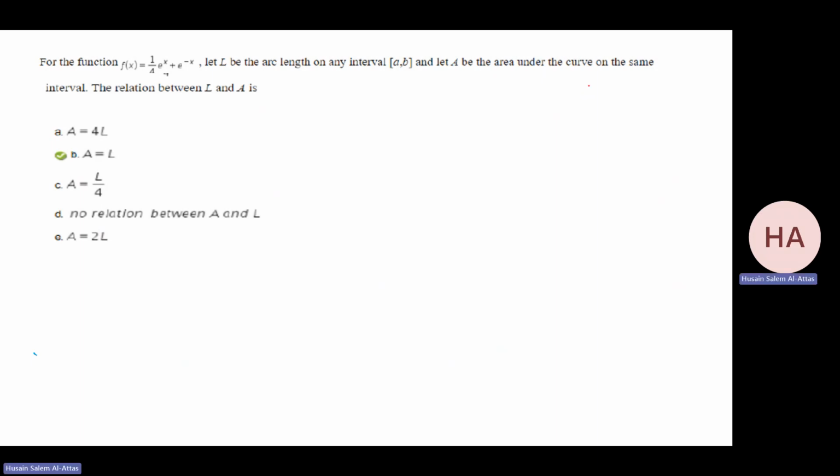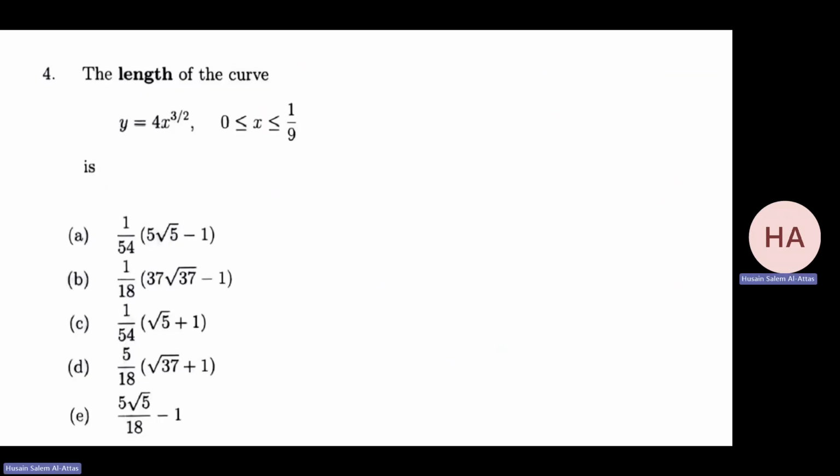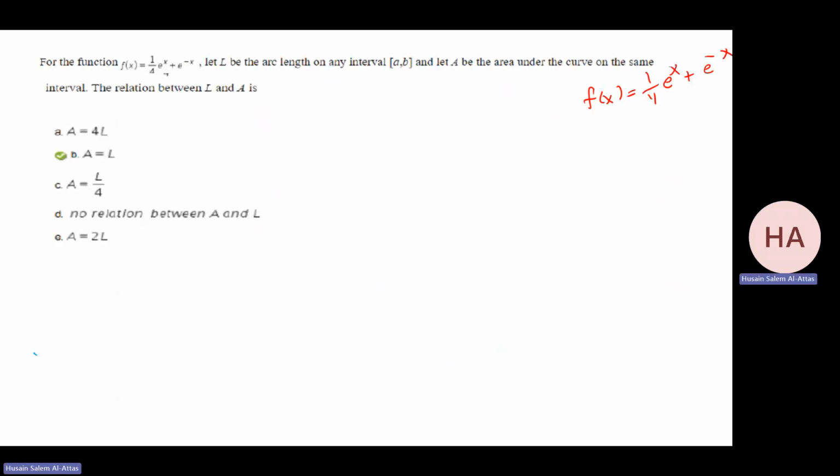So I have f of x equals 1 over 4 times e to the x plus e to the minus x. Is it? Yeah. F prime will be 1 over 4 times e to the x minus e to the minus x.